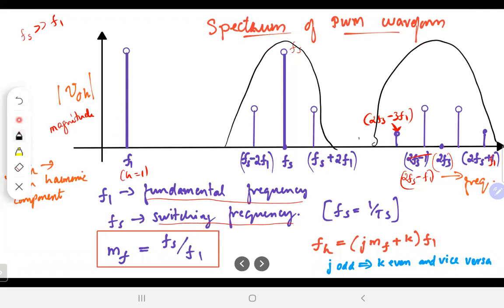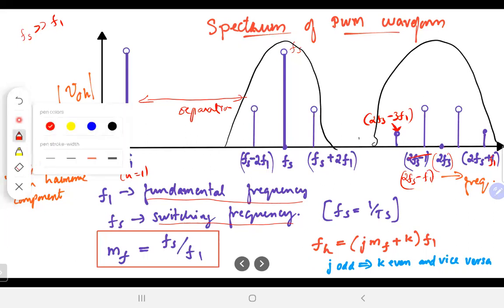Now it is separated widely by this one. The more you choose the fs, the separation would be higher. So we would want that fs to be much larger than f1, so that all the harmonic voltage content would be shifted to the right side, and the filters can eliminate that harmonic part.